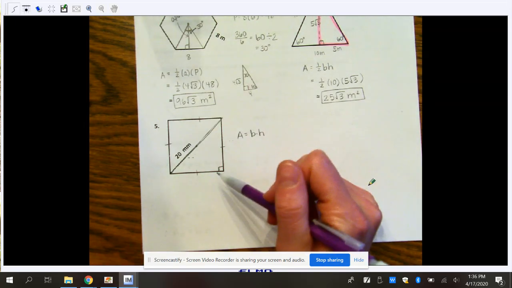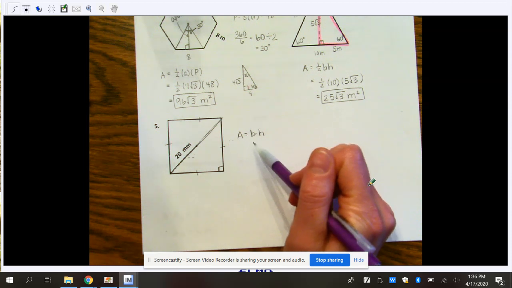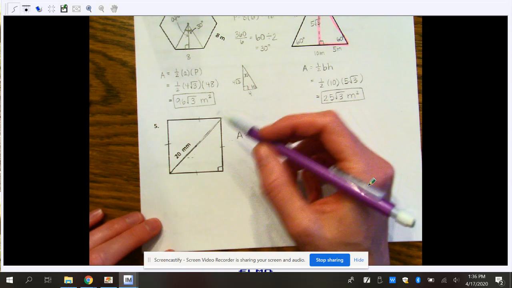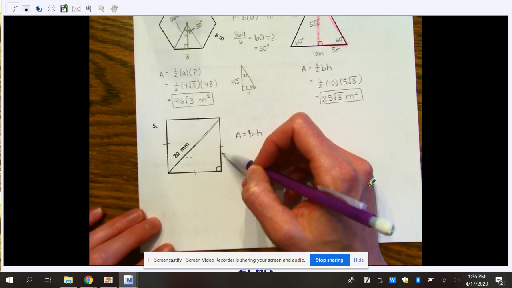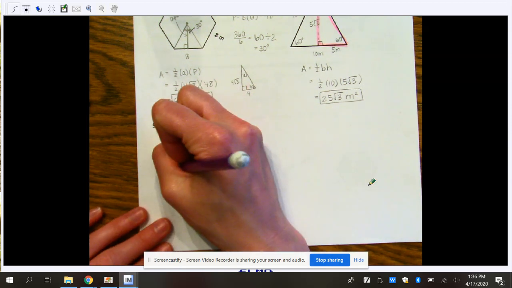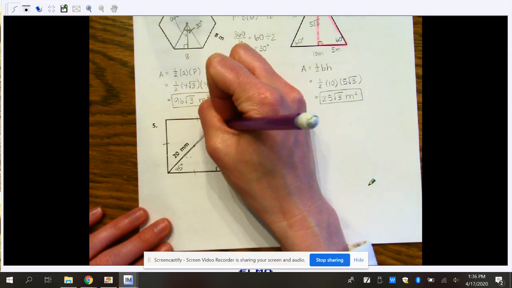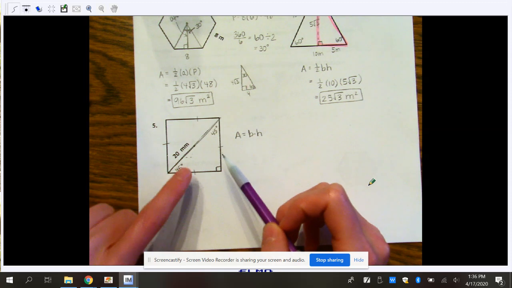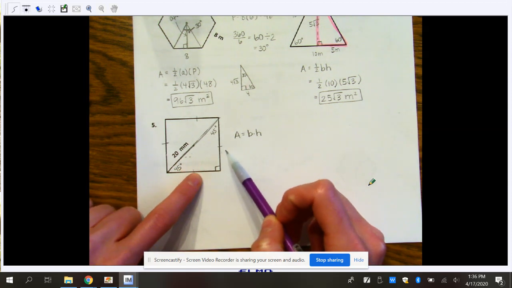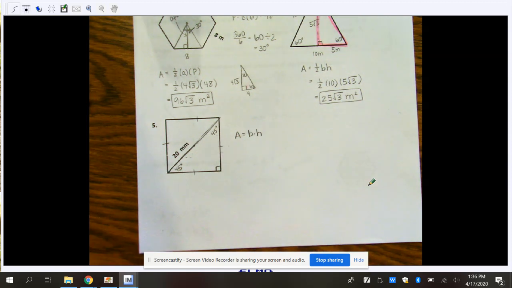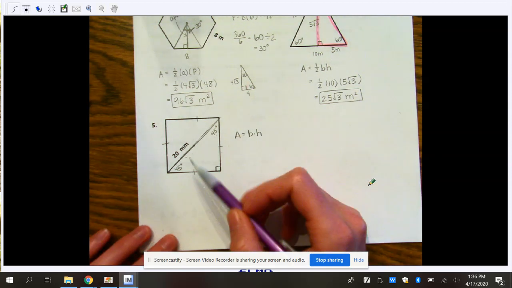And so if we are trying to figure out the base, which is going to be the same as the height here, I need to figure out what these side lengths are. Well, one of the properties of a square is that the diagonal bisects the angle. And again, because these two sides are congruent, that means that these two angles have to be congruent. That's a property of isosceles triangles. And so now I've created a 45, 45, 90 triangle.